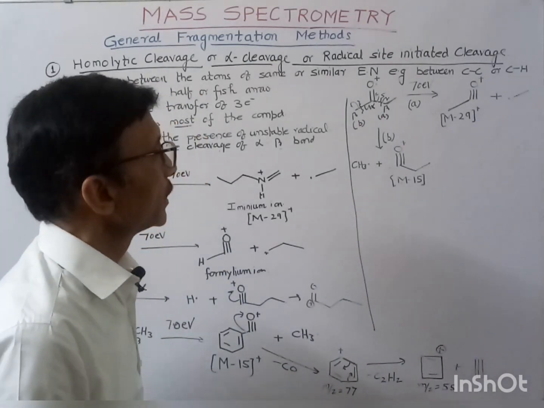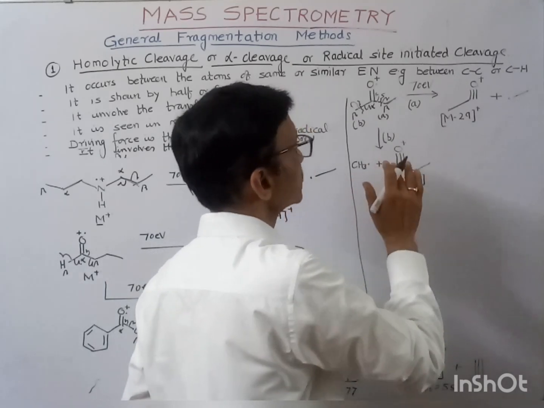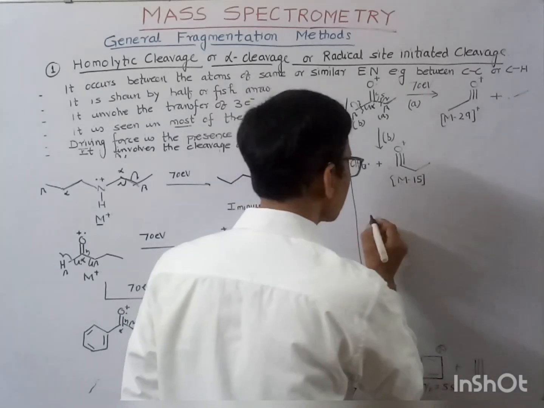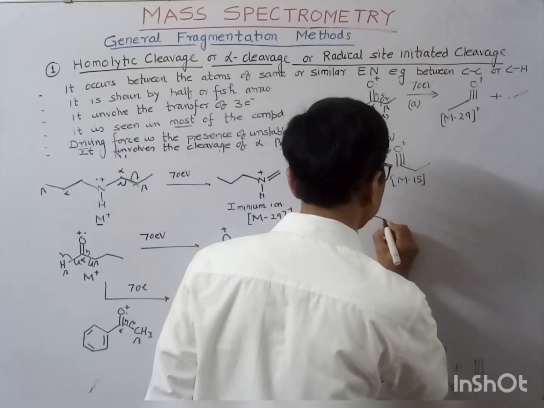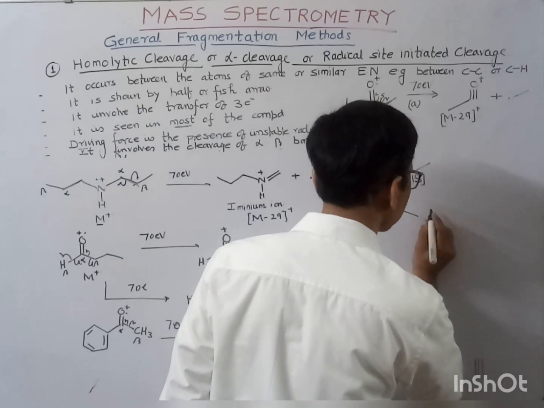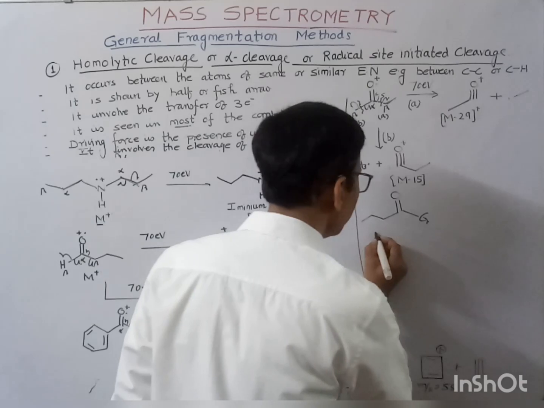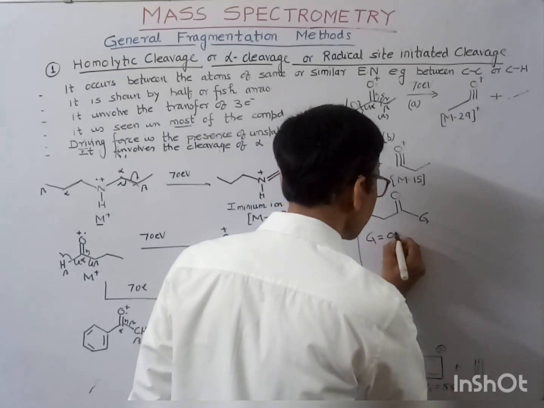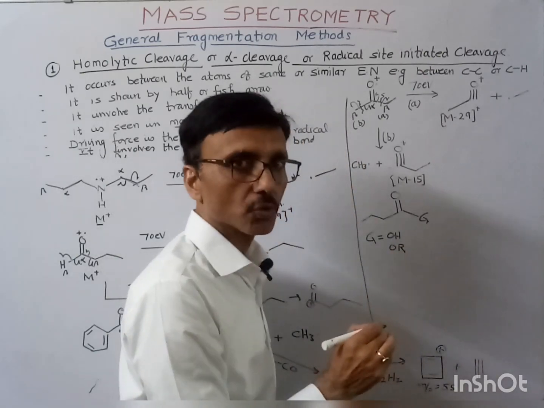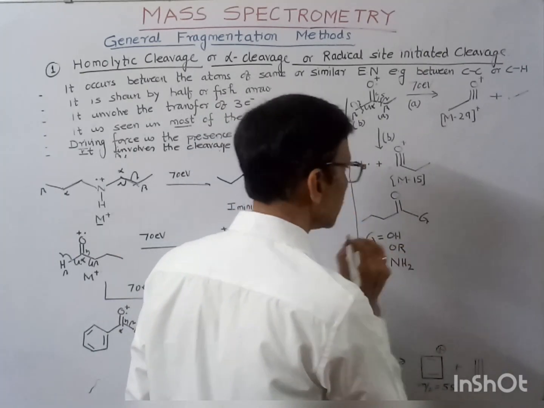Now next, let us take the example of acids, esters and amides. Better to take a general example. Suppose this is G, where G may be OH, that is an acid, G may be OR, an ester, or G may be NH2, an amide.